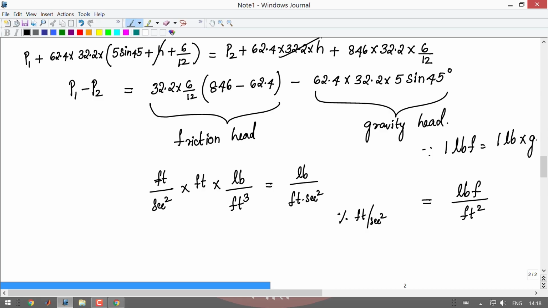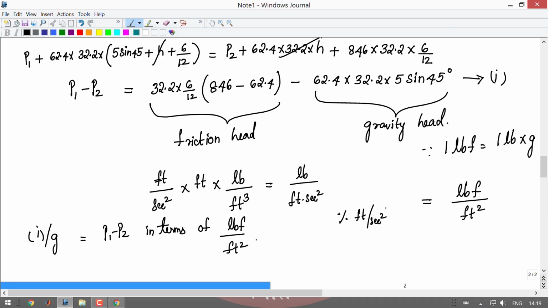We already have LB here, so we divided it by g, whose units are feet per second square. So, if we divide the above equation 1 by g in FPS units, we will get P1 minus P2 in terms of LB force per feet square.